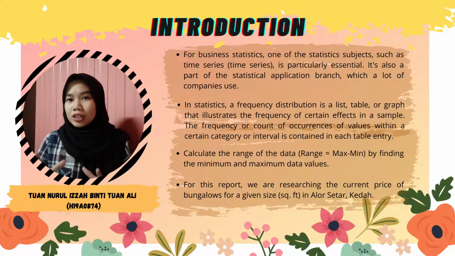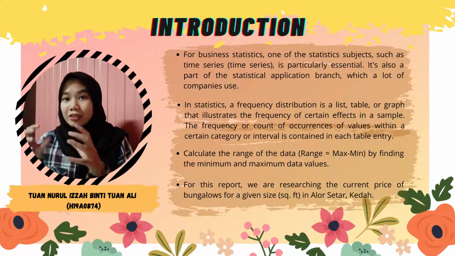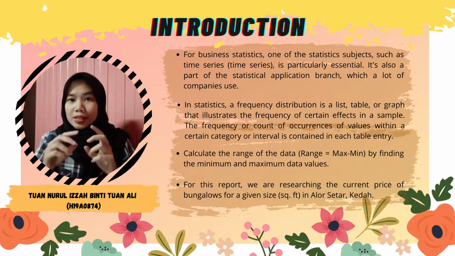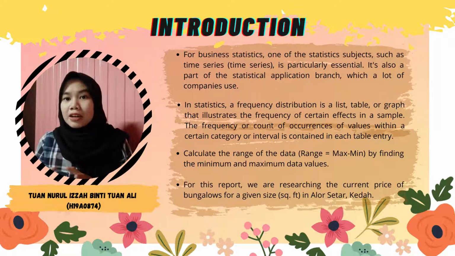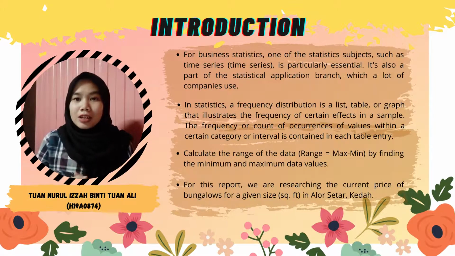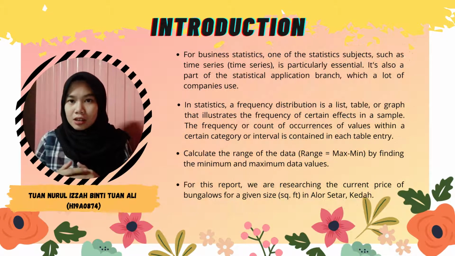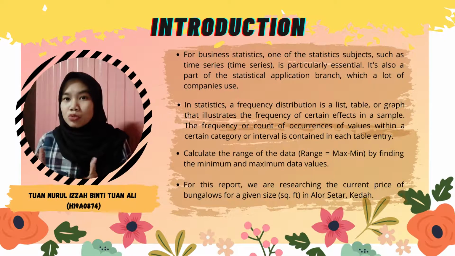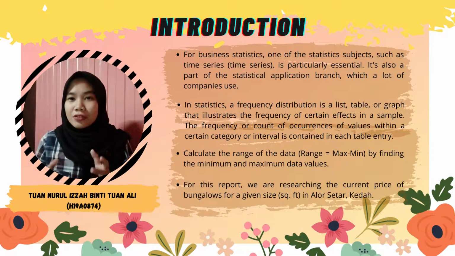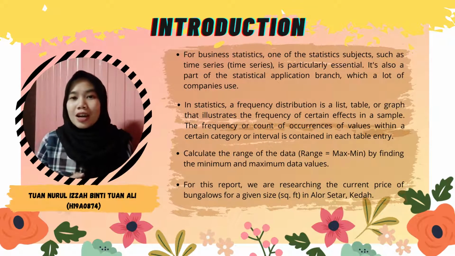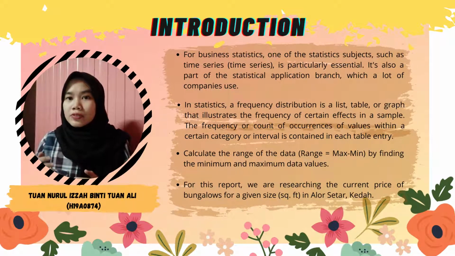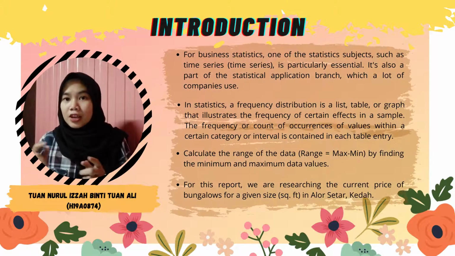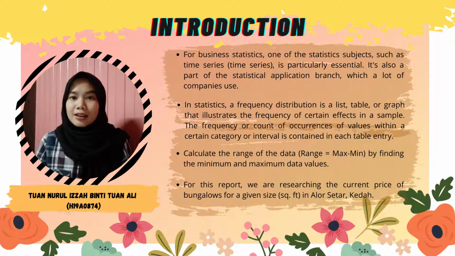To calculate the range of the data, we have to take the maximum minus the minimum, finding the maximum and minimum data values, which will be used to determine the class interval or class width. For this report, we are researching the current price of bungalows for a given size in square feet in ROSDI.